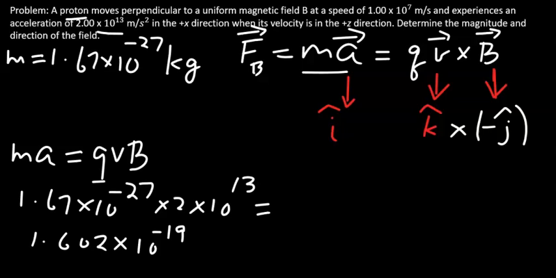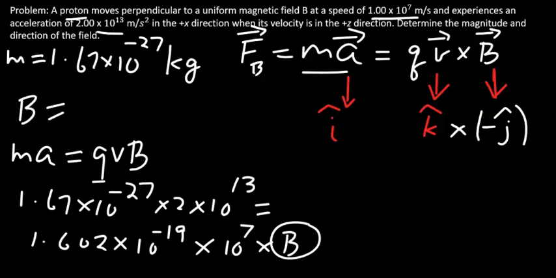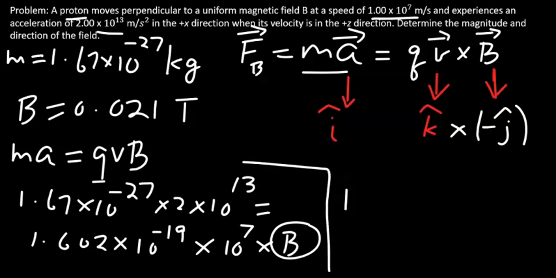The speed of the proton here is 10 to the power 7 times B, and you can solve for the magnitude of the magnetic field. And once you solve it, you get the following number. The magnitude of it is 0.021 Tesla. So if you want to express this answer in vector form, this is how you do it.